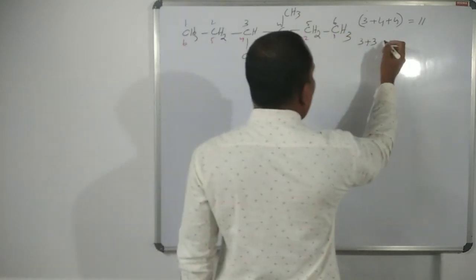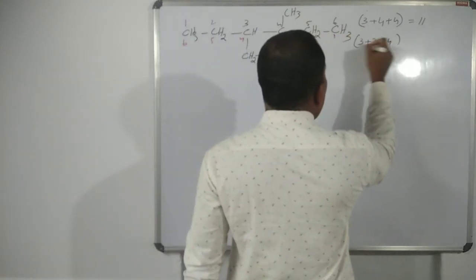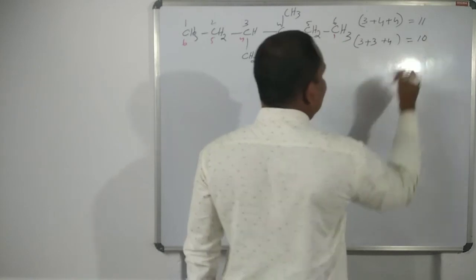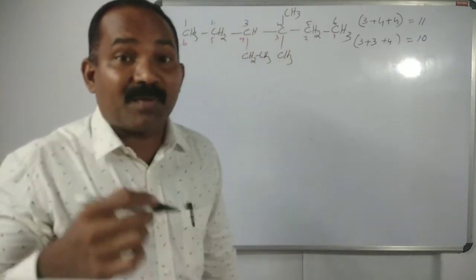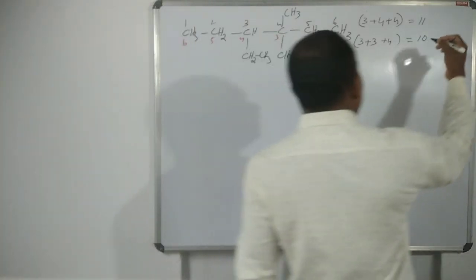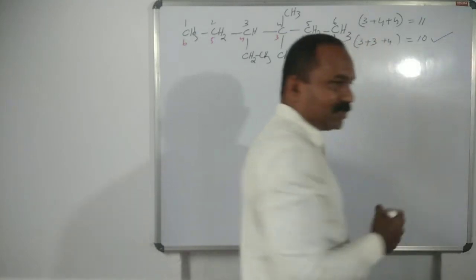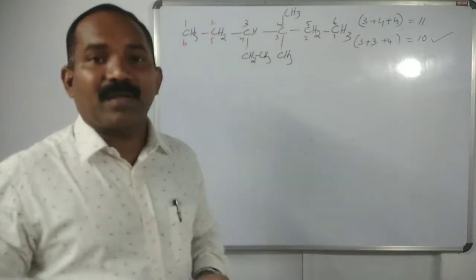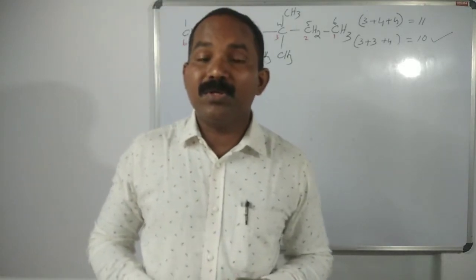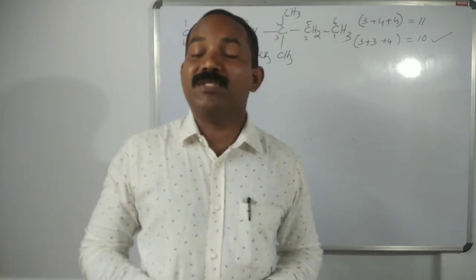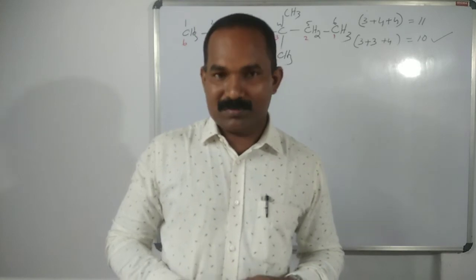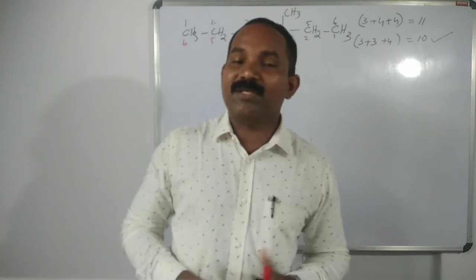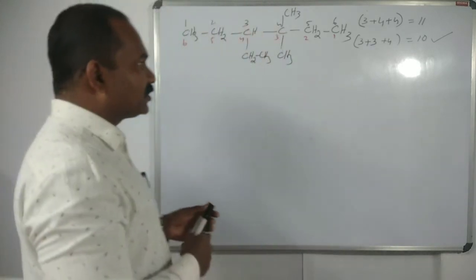Fourth carbon one substituent. How much? It is 10. So which numbering is correct? This numbering is correct. From right to left, numbering is correct according to the locant rule or lowest sum rule.